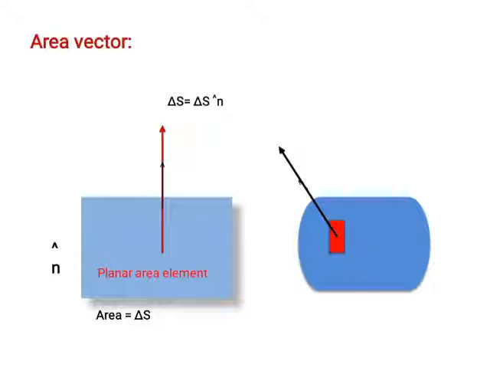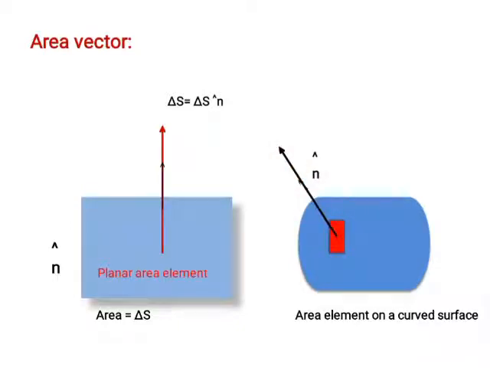Here I have taken the example of a curved surface. This is a normal, the line which is perpendicular to the curved surface, n cap, and this is a curved area element, and this line shows the direction of the surface.